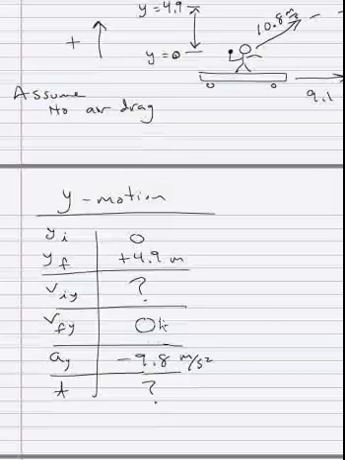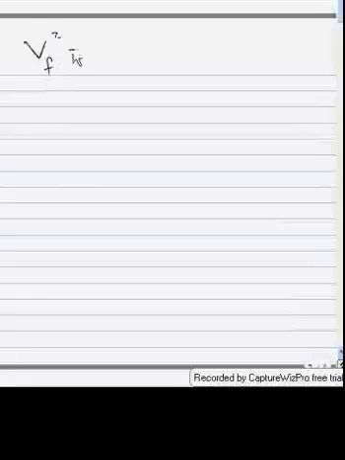So I'm going to pick an equation that's missing time, and I'm going to plug in everything I know and solve for the one variable I don't know. So V final squared is V initial squared plus 2a delta y.